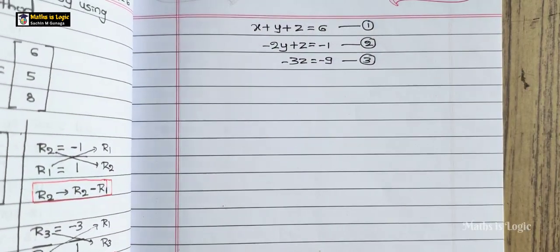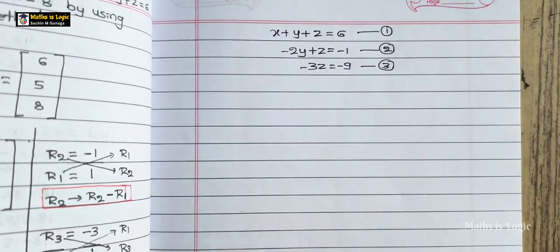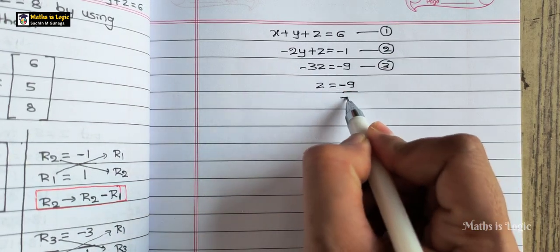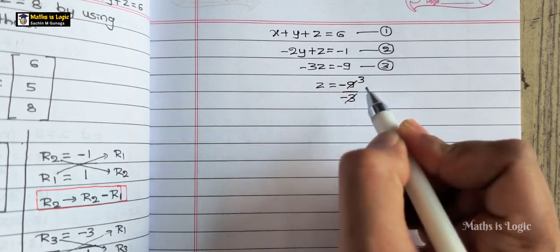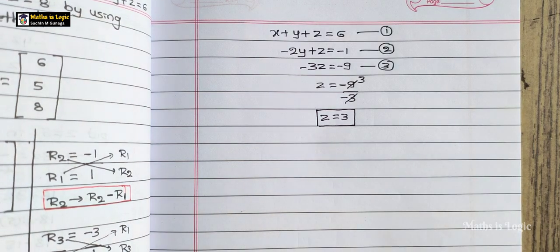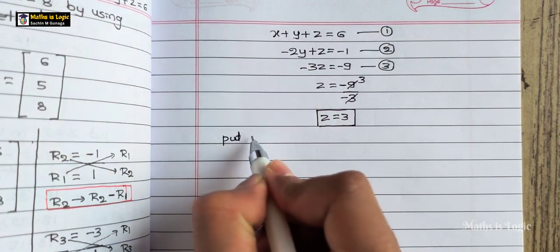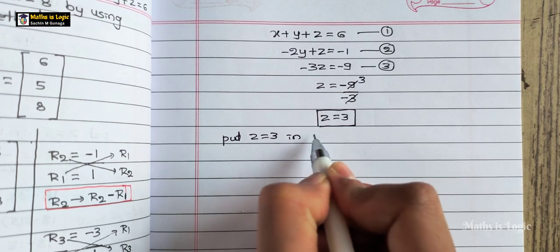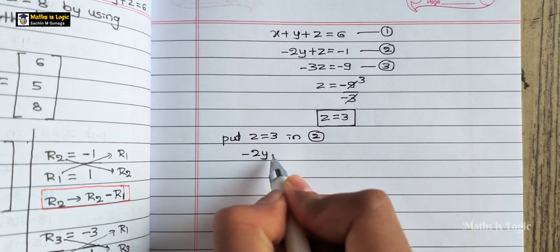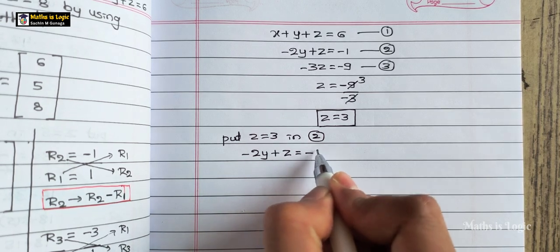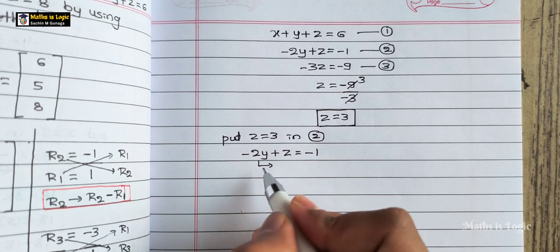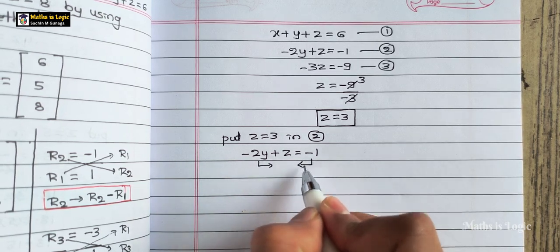Now solve for z. Therefore z is equals to minus 9 divided by minus 3. 3 3s are, therefore z value becomes 3. Next put z is equals to 3 in equation number 2. So what is equation number 2? Minus 2y plus z is equals to minus 1. To make y positive, I am going to shift this y value to right hand side, number to left hand side.